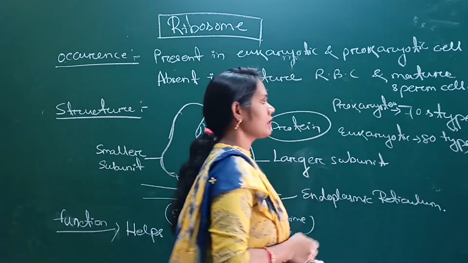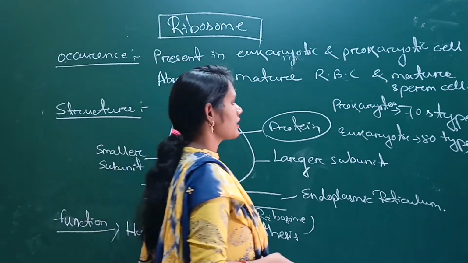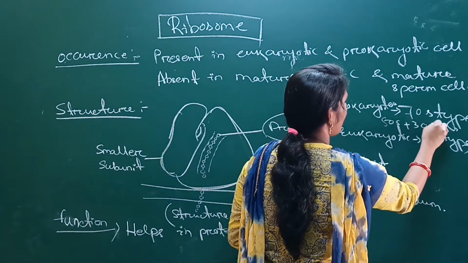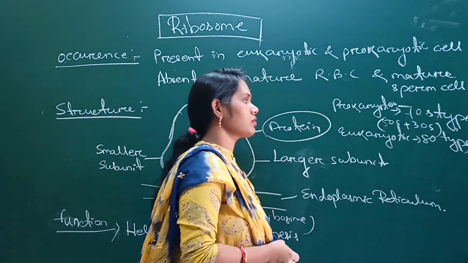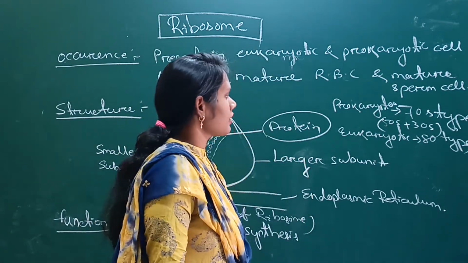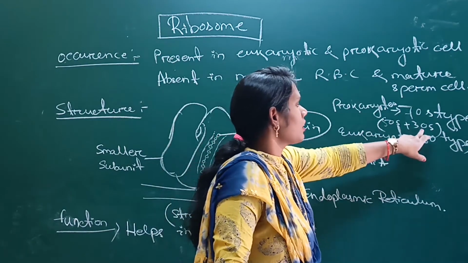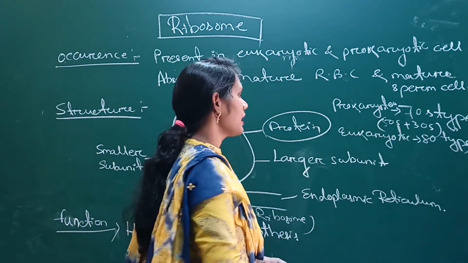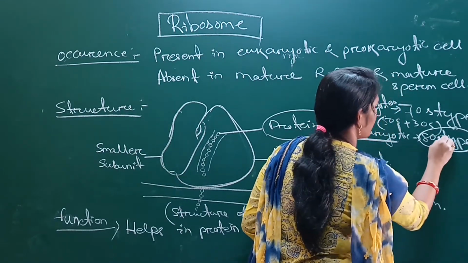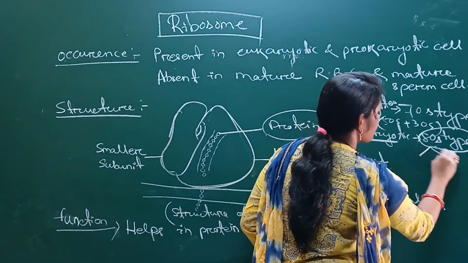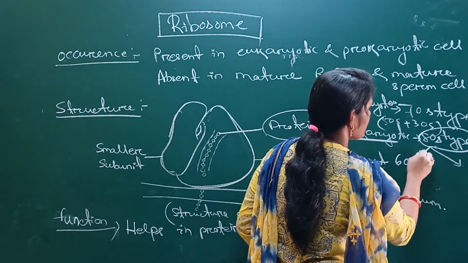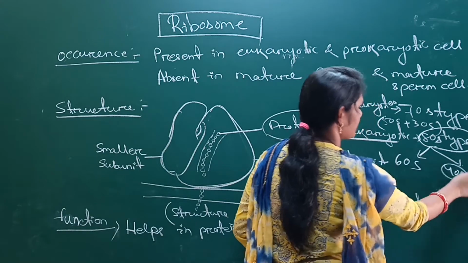Within the 70S type, the larger subunit is 50S and the smaller one is 30S. In the prokaryotes, the 70S type ribosome is present, with a larger subunit of 50S and a smaller subunit of 30S. But in the eukaryotic cell, the ribosome is 80S type, where the larger subunit is 60S and the smaller subunit is 40S.